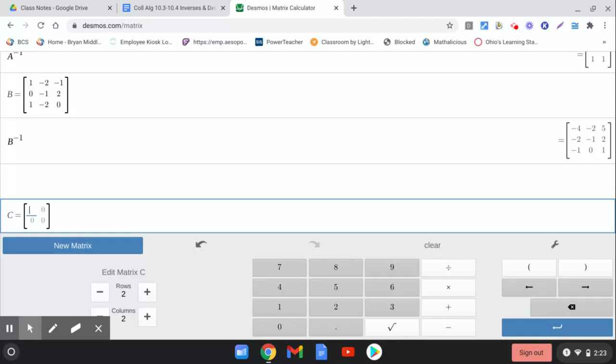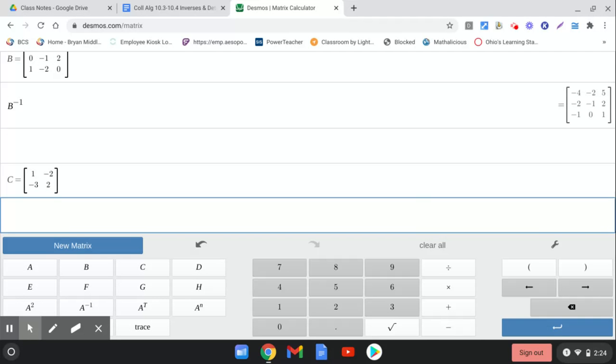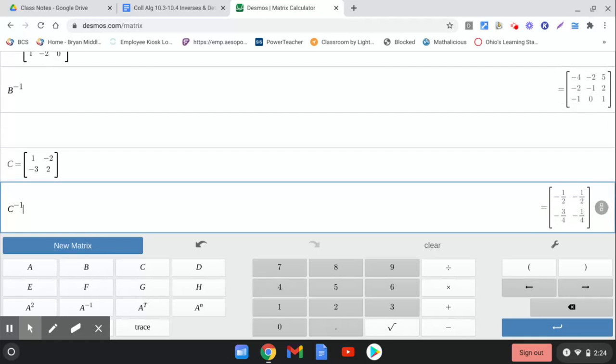This matrix is 1, negative 2, negative 3, 2. Just hit enter, and Desmos calls this matrix C, which is fine. We're going to do the inverse of C. And notice it has decimals. If you want them as fractions, you just press that fraction button. That takes it back and forth from fractions to decimals. So this is our inverse matrix.